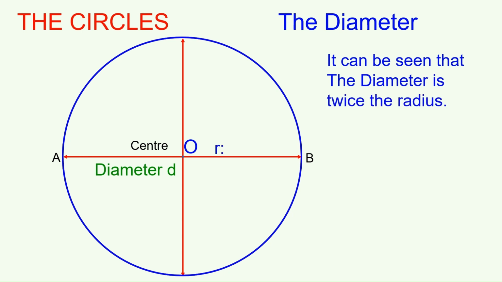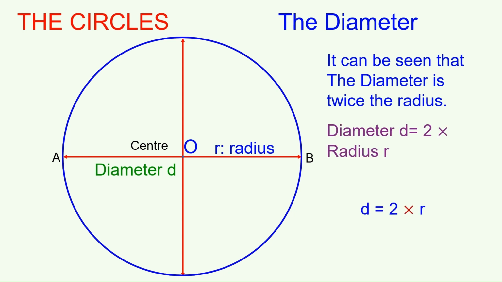It can be seen that the diameter is twice the radius, or diameter D equals 2 times radius R.